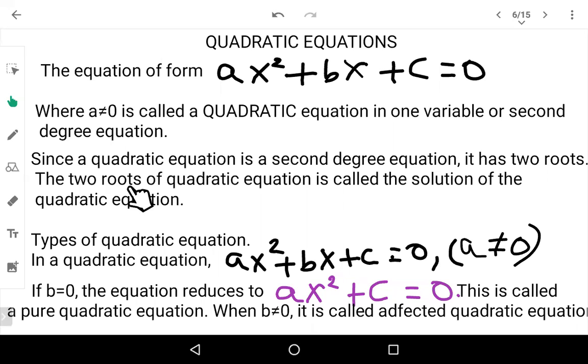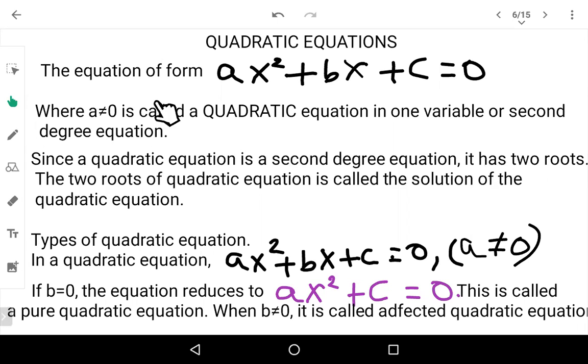Since a quadratic equation is a second degree equation, it has two roots. Even though x is the only variable, since the highest degree of the equation is 2, it is going to have two roots.